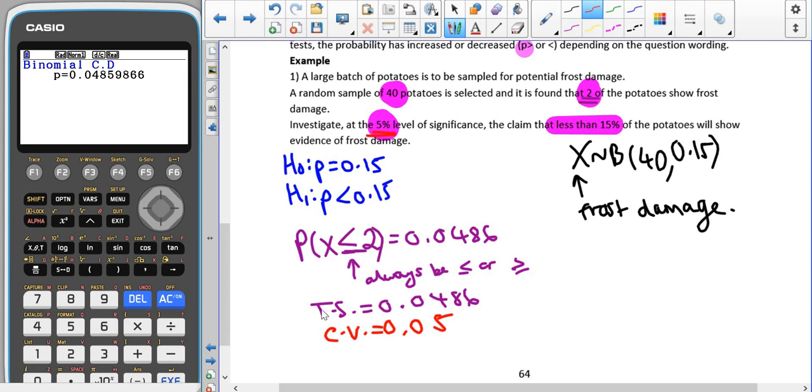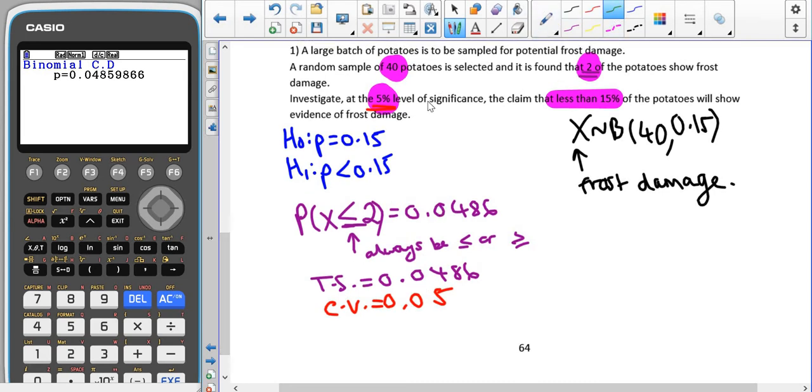And you can see here that the probability that we have found that this happens by chance is rarer than our critical value, which means that it's likely that actually the probability is less than 0.15. So as the test statistic is less than the critical value, we're going to reject H0 at a 5% significance level.